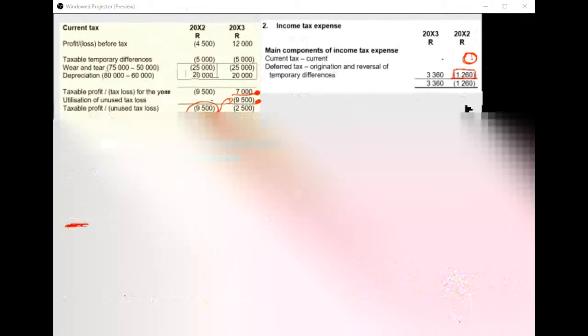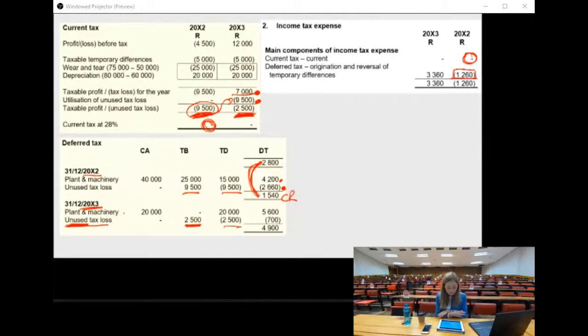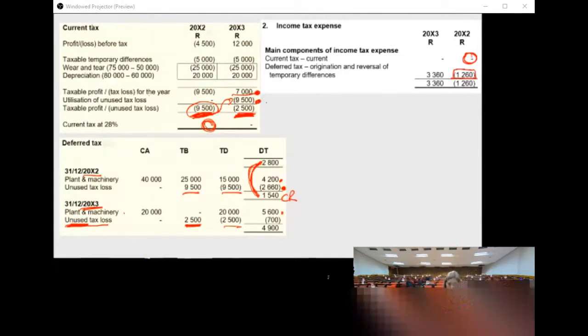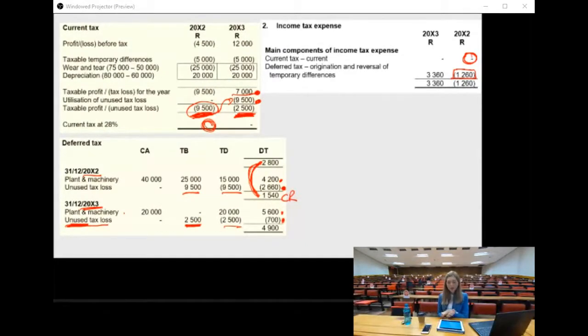So that's the unused tax loss, the 2,500 that goes into my deferred tax calc. Good. So again, we don't have to worry about limitation, because the taxable temporary differences are enough to absorb the unused tax loss benefit. Therefore, we're still sitting with a net credit balance.